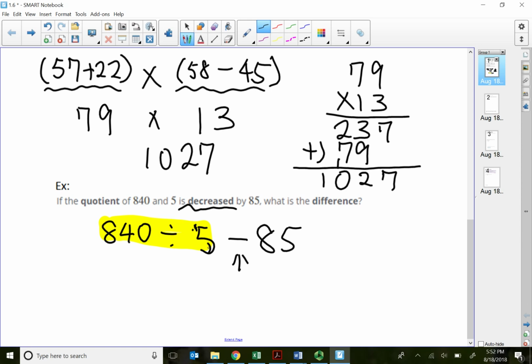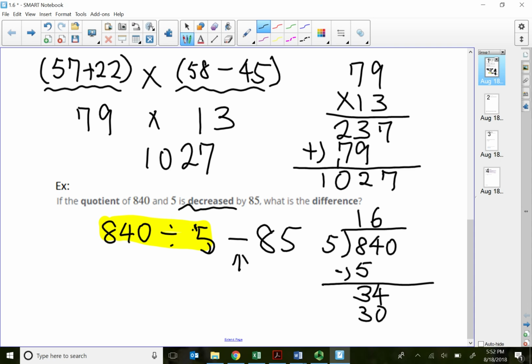If you're good with long division, some people can do this just by looking at it. But here I'm going to write it. Divisor is 5. 840 goes inside. 5 goes into 8 one time. Write down the 5. Subtract. That's 3. Bring down the 4. 5 goes into 34 about 6 times, because 5 times 6 is 30.